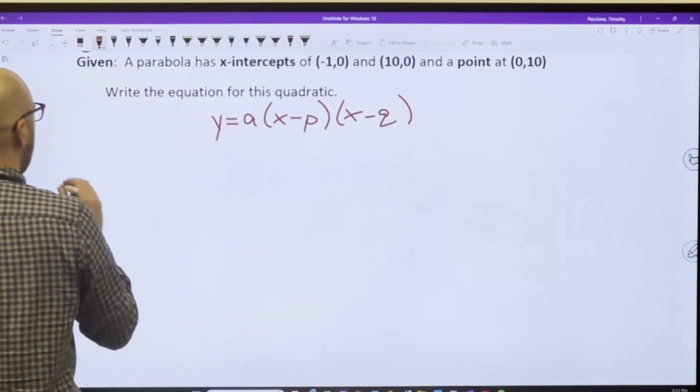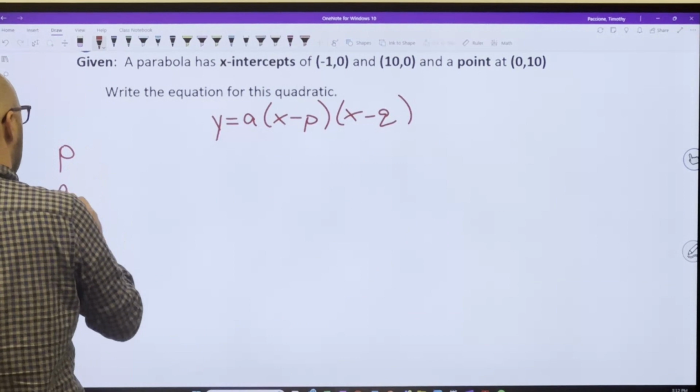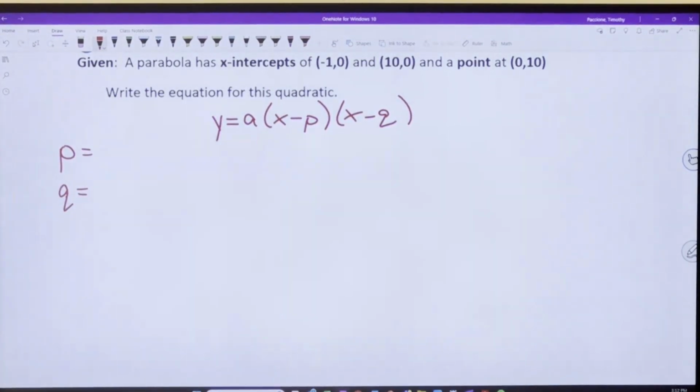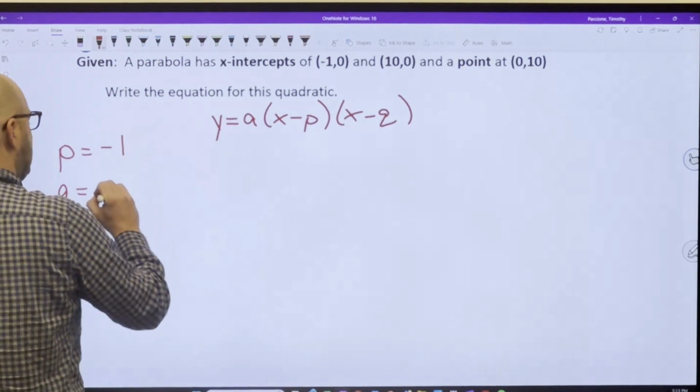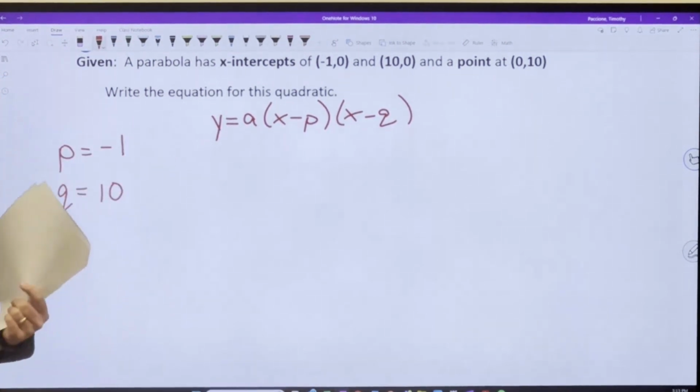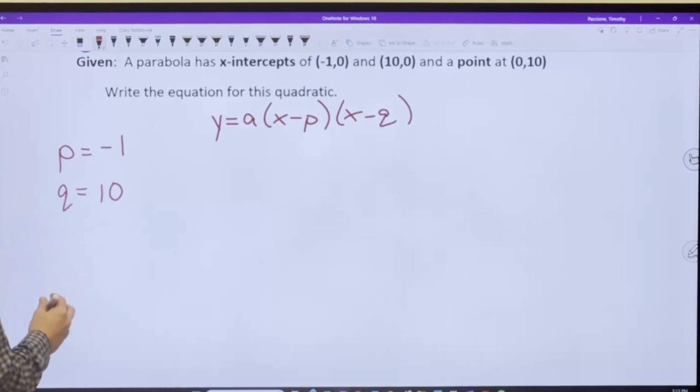And then we think about, what do we know? Well, our p and our q are what? We know our x-intercepts. So what are our x-intercepts? -1 and 10. Right? Those, our p and our q, are our x-intercepts. You don't change any sign at that point.